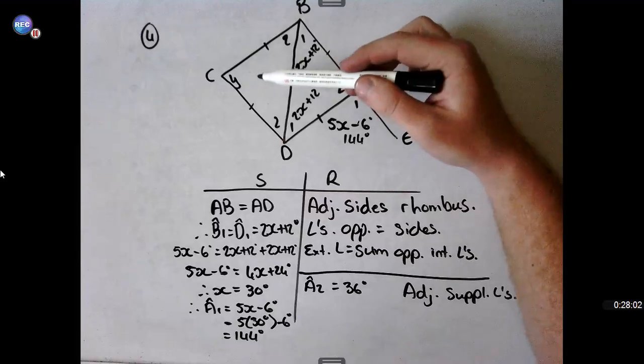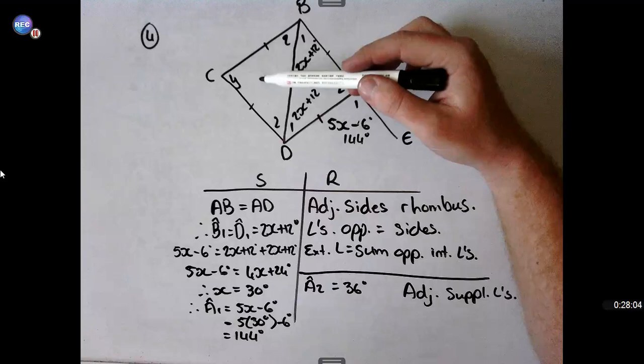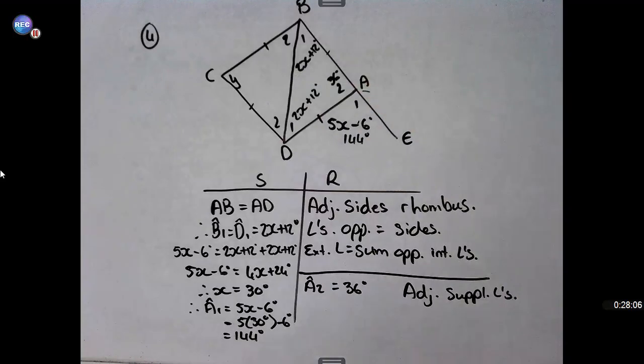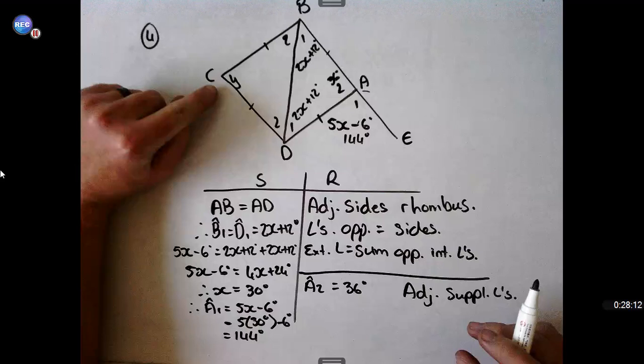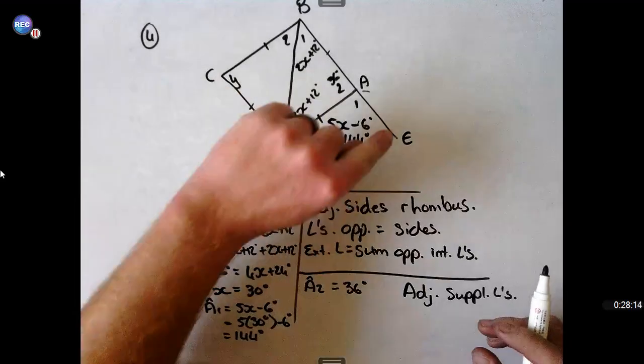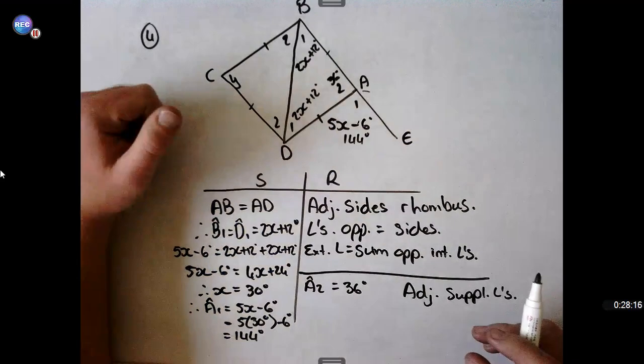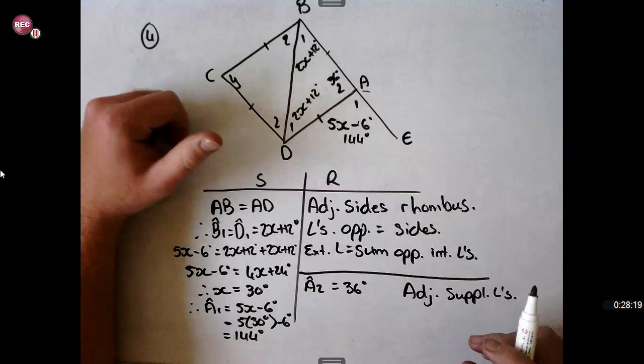Now I need to calculate for angle C, which is y. You need to know that the opposite angles of a rhombus are equal in size.